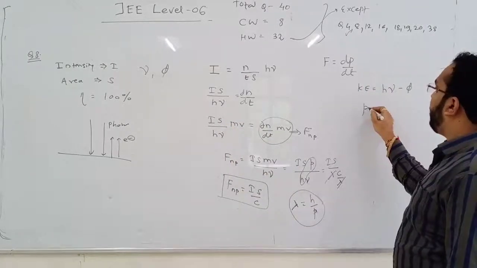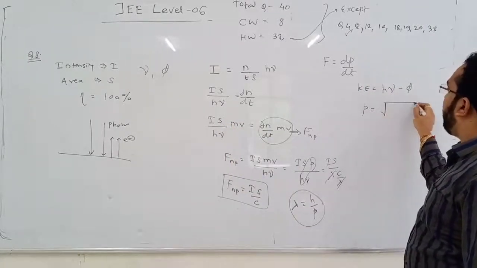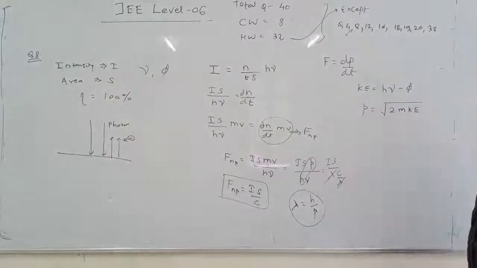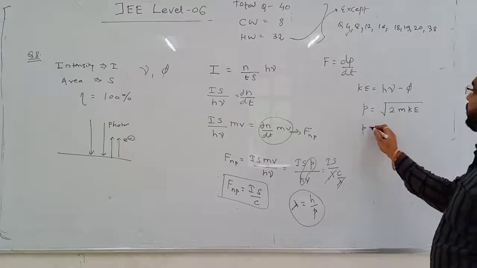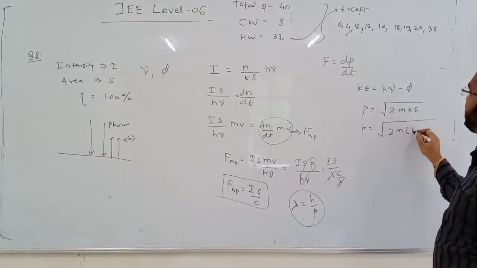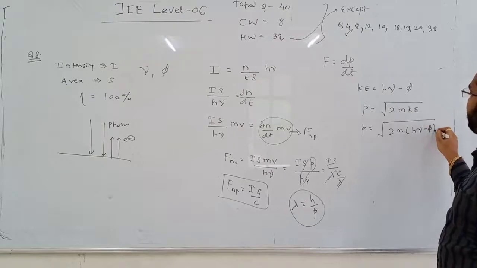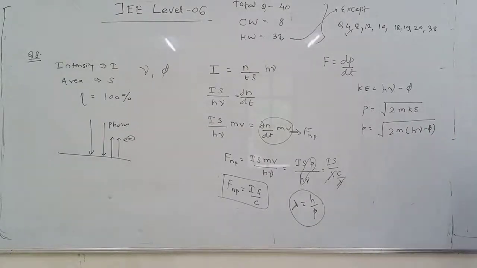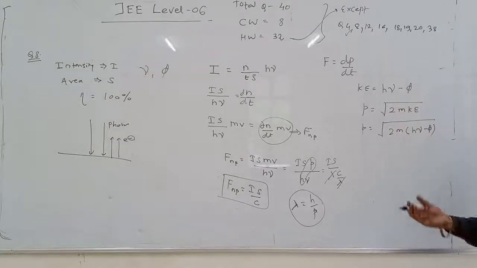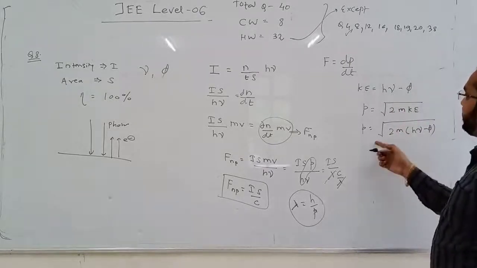We know momentum of electron is square root of 2m into kinetic energy. So substitute the value of kinetic energy here. It will be 2m, kinetic energy is h mu minus phi. This is Einstein's equation of emitted electrons. Now this is the momentum.